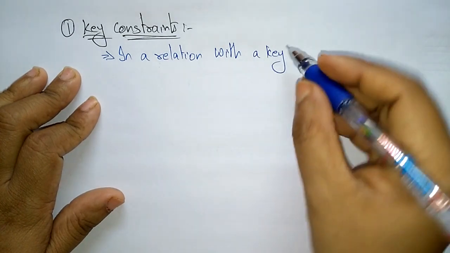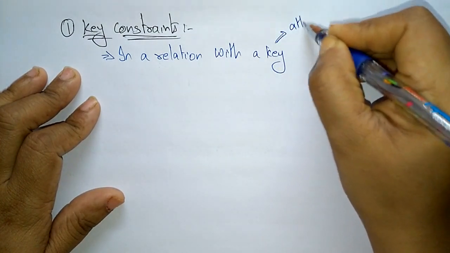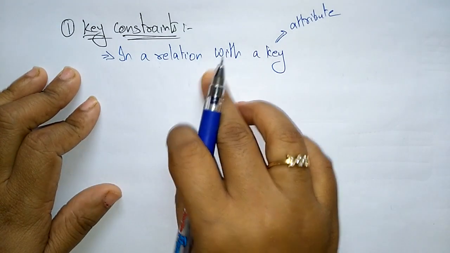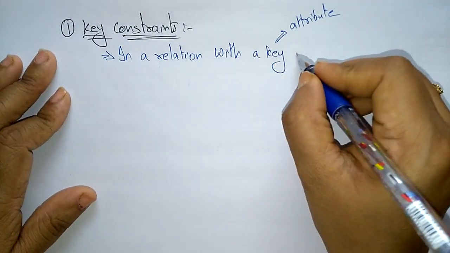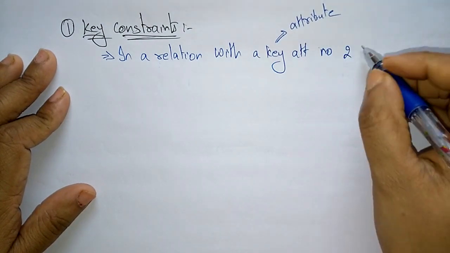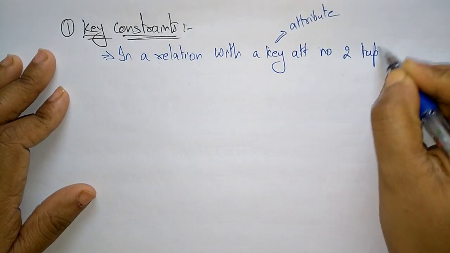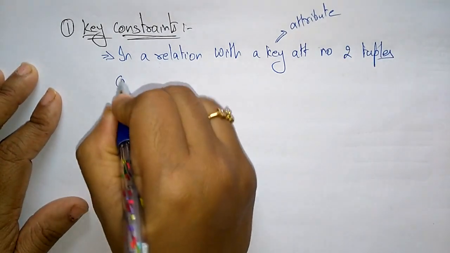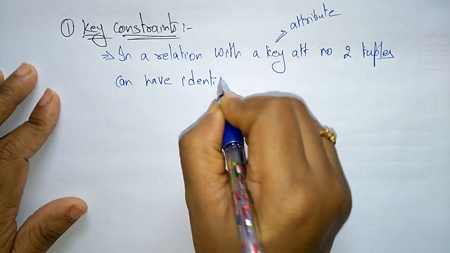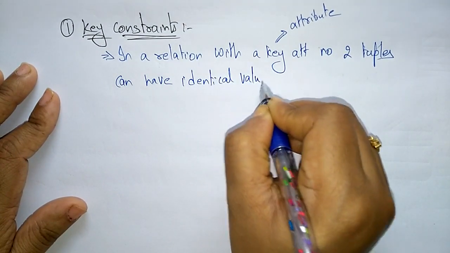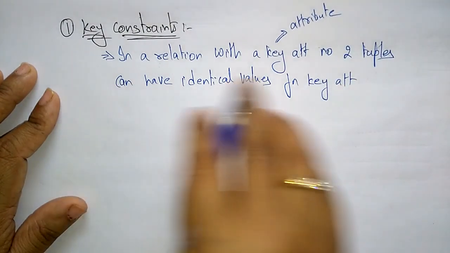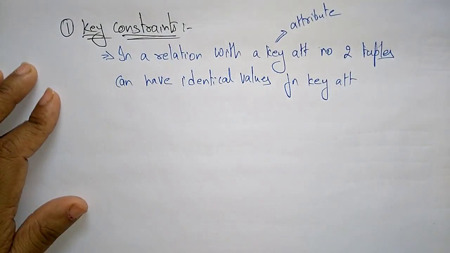A key is nothing but we are selecting one attribute in a table. So in a relation with a key attribute, no two tuples, means no two rows, can have identical values for the key attribute.